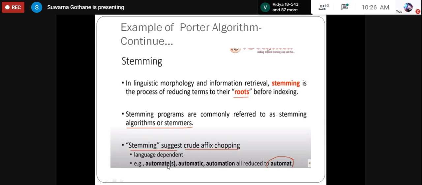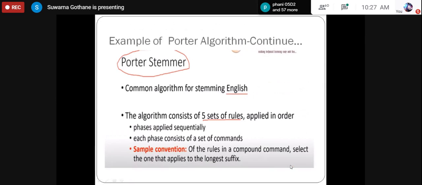Here is one more example: automates, automatic, or automation. We form the word automat, a certain meaningful word. Here the suffix stemming has been applied, so we remove the extra letters and get the root word automate.